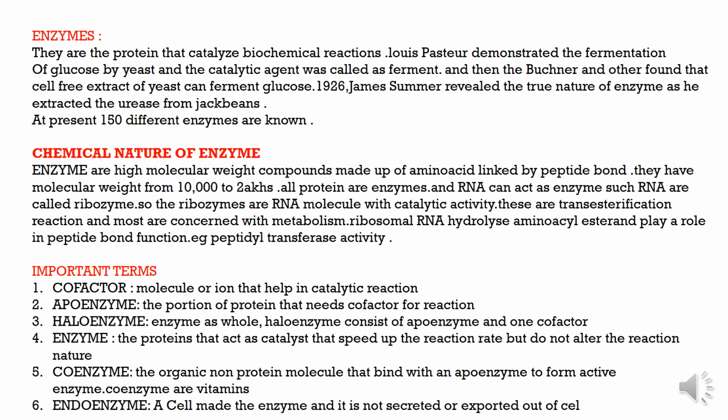Enzymes are proteins that act as catalysts that speed up the reaction rate but do not alter the reaction nature. Coenzyme: the organic non-protein molecule that binds with apoenzyme to form active enzyme. Coenzymes are vitamins. Endoenzyme: a cell-made enzyme that is not secreted or exported out of the cell.